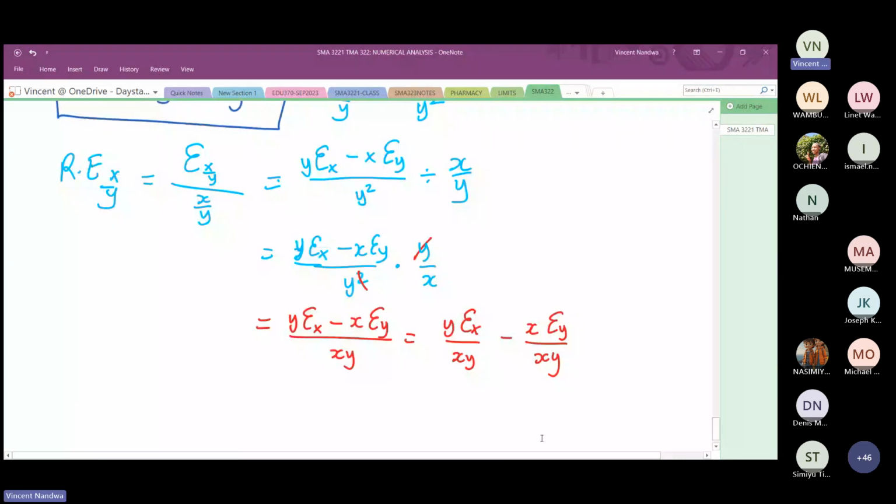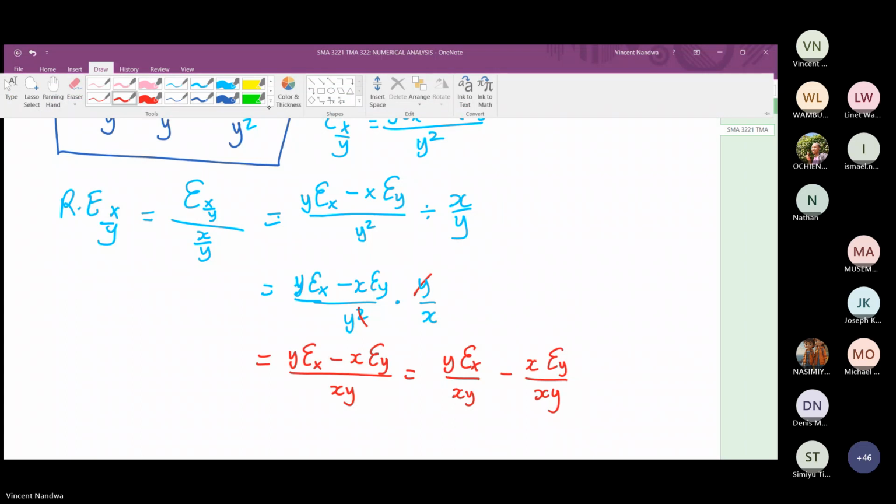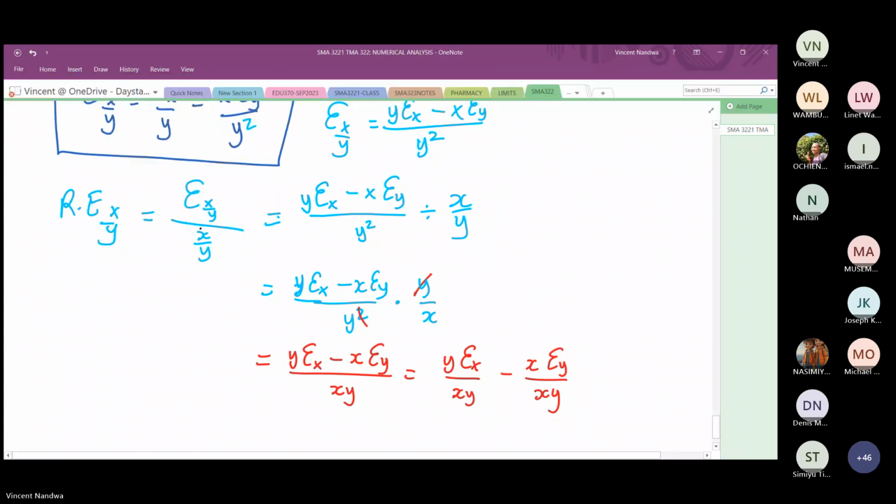So what will be the value of the first fraction? When you simplify the first fraction, you get error in x over x. And then this and this cancel out.